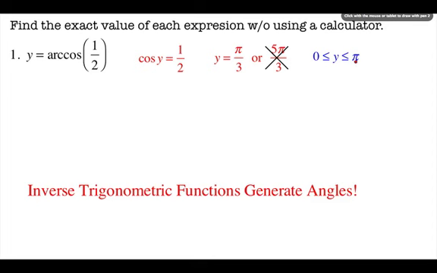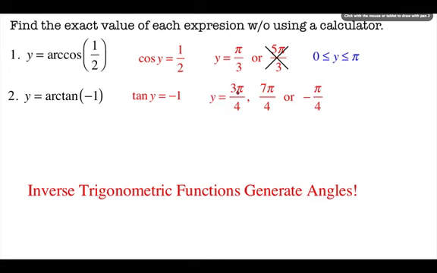Moving on to number 2. y is equal to arctangent of -1. y is equal to tangent inverse of -1. So I'm going to rewrite this the following way. Tangent of what angle is equal to -1? So if you look at the unit circle, you're going to notice that you have 3 pi over 4 and 7 pi over 4. This is the second quadrant. This is the fourth quadrant.